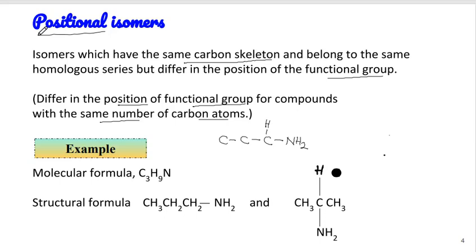So let me just fill up with carbon first. You can always double check to make sure that there are 8 electrons around your carbon. The number of hydrogens is enough. So now if you check, we have 9 hydrogen, 1 nitrogen and 3 carbon, enough for C3H9N.